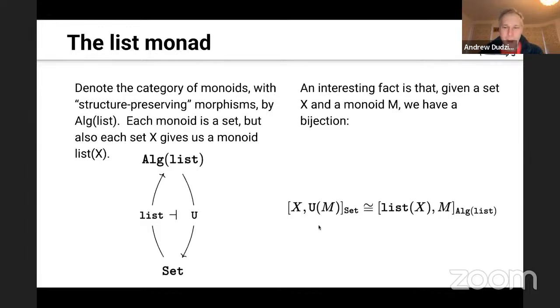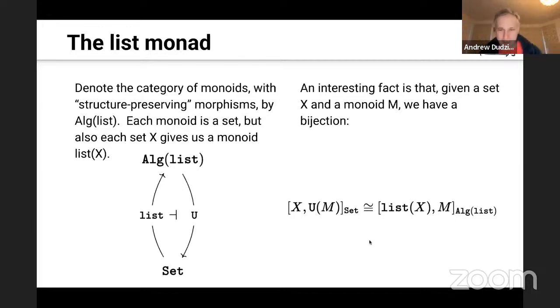And one nice property that I would encourage you to verify is the statement that for any set X and any monoid M, we have this relationship that mapping X into the set underlying M is the same as structure preserving maps of monoids from the lists on X into M. So what does this mean?